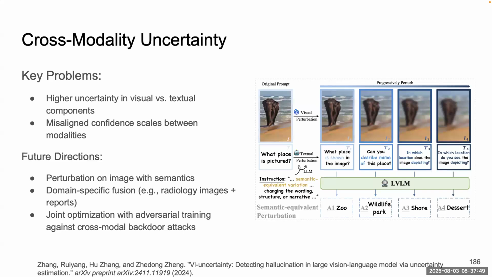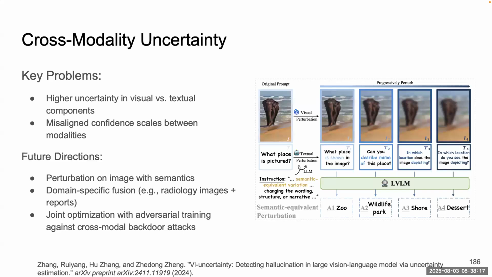Also, you can do some domain-specific fusion, and you can also think about this manipulation on the image as a joint optimization of adversarial training and cross-modal backdoor attacks. So these are the possible open directions if you want to quantify the cross-modality uncertainty.